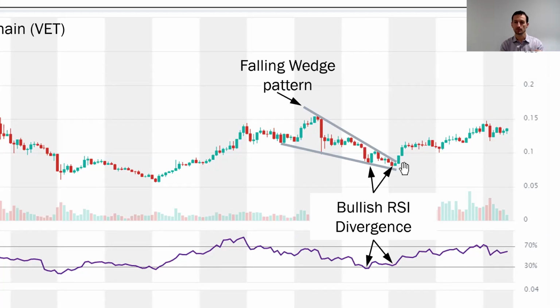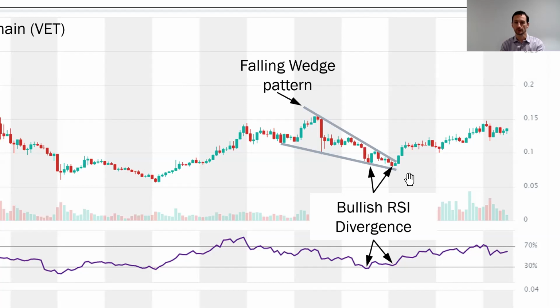At the end of this lesson, you may not be able to apply this just yet, but in the future you will. The falling wedge pattern emerged, and we typically wait for a breakout from this pattern. It could be up, could be down. Typically, a falling wedge is a reversal pattern, so the price reverses the trend of the pattern. If it's a falling wedge, then the reversal would mean it's going to break out bullishly, and it did.